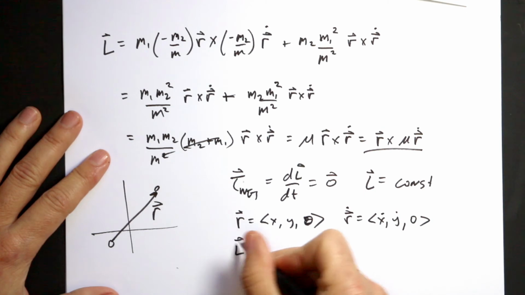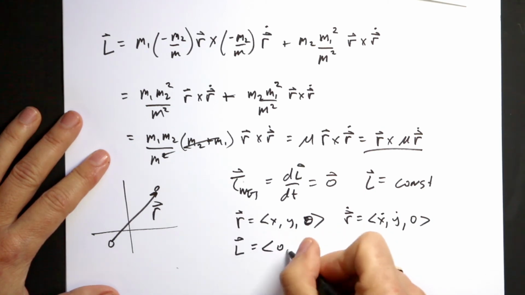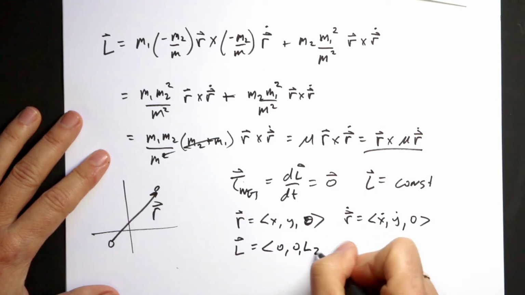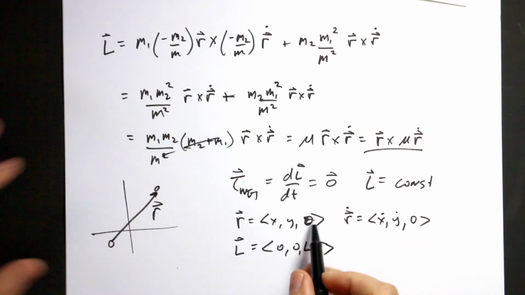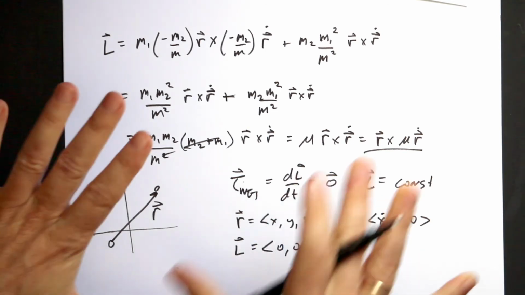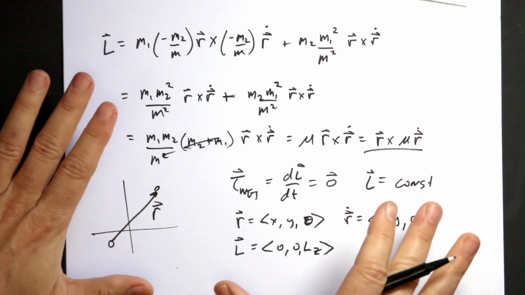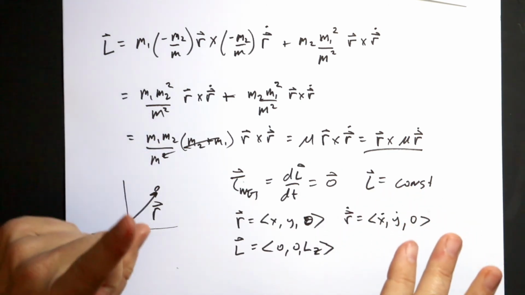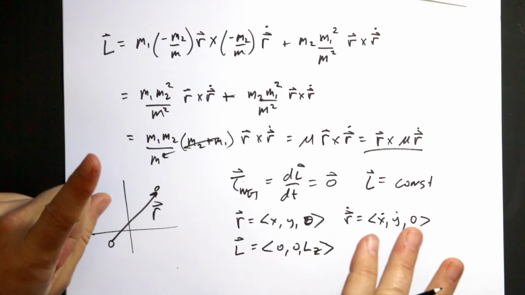Then the angular momentum will be 0, 0, Lz. If I do the cross product between these two vectors that don't have a z component, the answer is in the z direction. This is important because this means that if I confine my system into the xy plane, then it will have a constant angular momentum in the z direction.